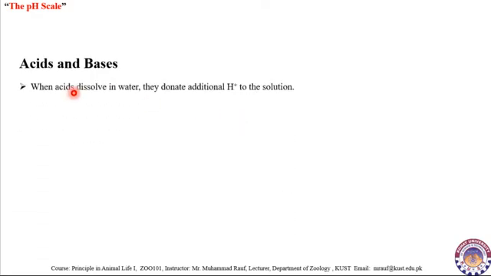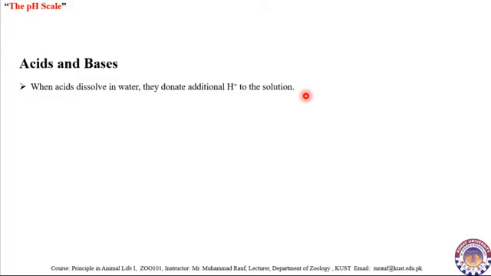So when acids dissolve in water, they donate additional hydrogen ions to the solution. Now pure water has equal concentration of hydrogen and hydroxyl ions. Sometimes the water molecule dissociates into hydrogen and hydroxyl ions.